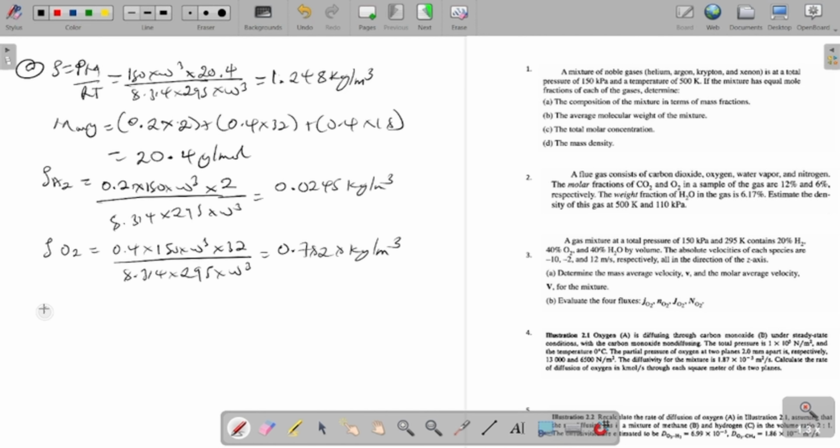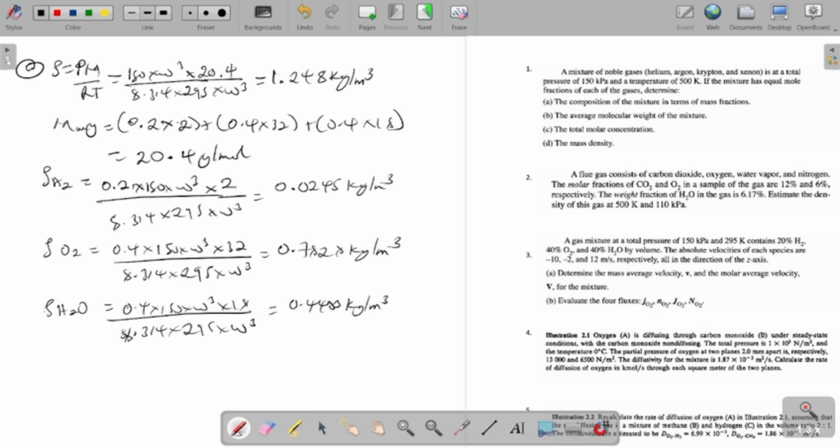Then I also get for H2O: 0.4 times 150 times 10 to the power 3 times 18 divided by 8.314 times 295 times 10 to the power 3. So this one gives me 0.4403 kilogram per meter cube.